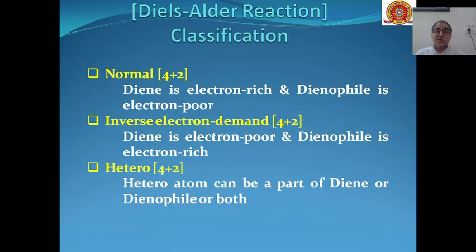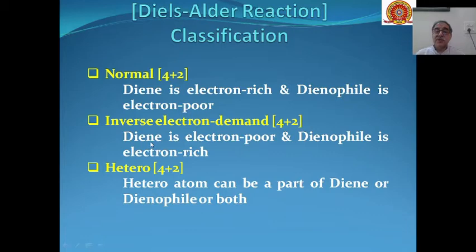This Diels-Alder reaction can be classified into three types. First is normal 4+2 cycloaddition. Second is inverse electron demand 4+2, and third is hetero 4+2 cycloaddition reaction. In normal 4+2 cycloaddition, the diene is electron rich and the dienophile is electron poor, whereas the opposite is the case in inverse electron demand.